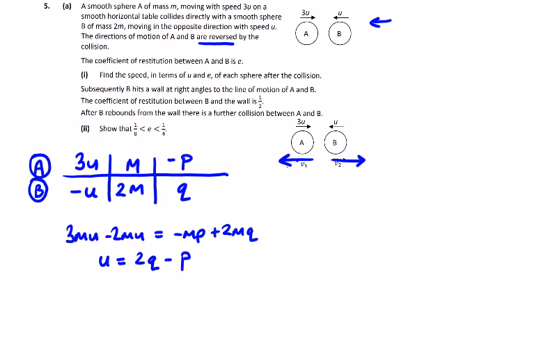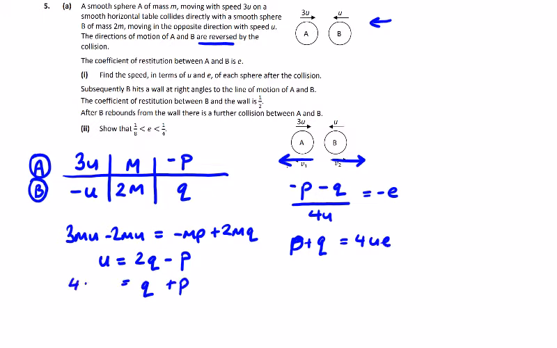If we use the law of restitution, we get minus p minus q, be careful, over 3u minus minus u, so 4u, equals minus e. They're all going to be minuses, so p plus q is equal to 4ue. Then we have q plus p is equal to 4ue.